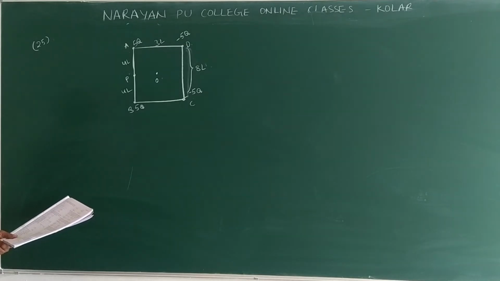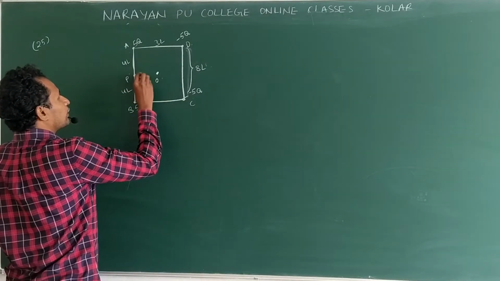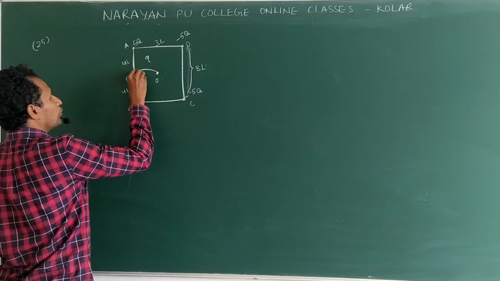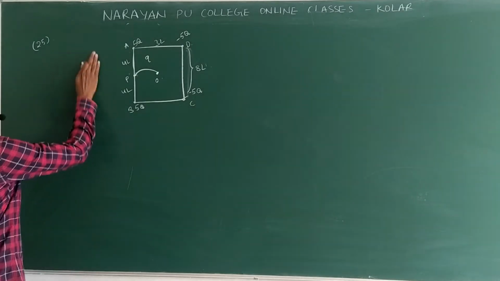Okay, they are asking if P is the midpoint of side CD, the work done in carrying a charge Q from center O to P. Here they are asking work done to move a charge Q from O to P. Clear?